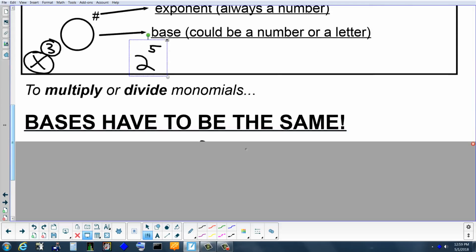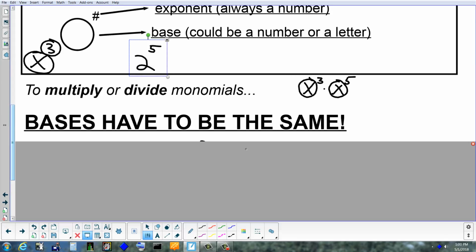I'm not going to show you how to do it. I'm just going to show you a problem that you could do. X cubed times x to the 5th. That is a problem you can do. The base is x, the base is x. Same bases means you can do the problem.